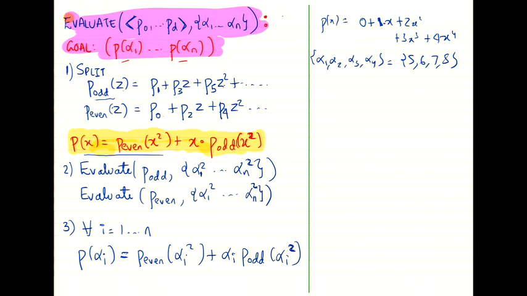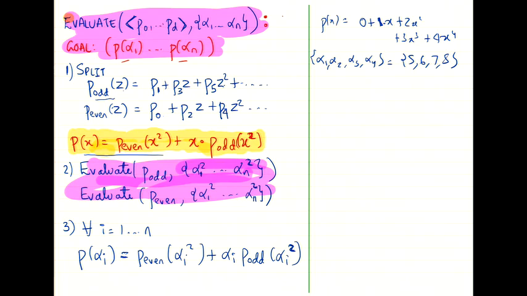Okay? And using this identity, evaluating the polynomial p at alpha 1 through alpha n reduced to evaluating two different polynomials, p odd and p even, at alpha 1 squared through alpha n squared. So if you see this, evaluating polynomial p reduced to two problems, evaluate p odd and p even.